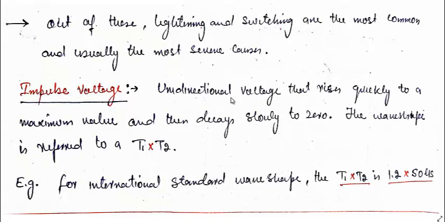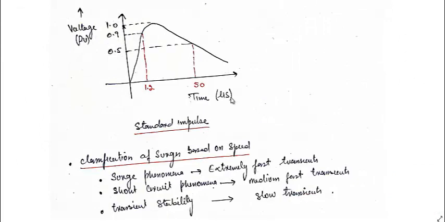It is usually referred to as a T1 and T2 voltage, where T1 is the time required to reach 90% of the maximum value, and T2 is the time it takes to slowly decay to 50% of the maximum value.